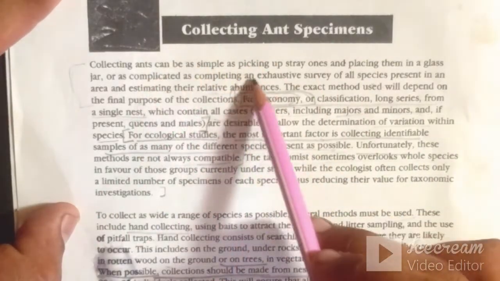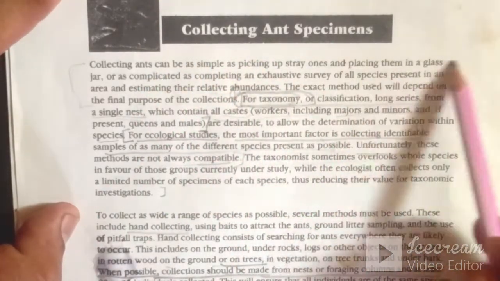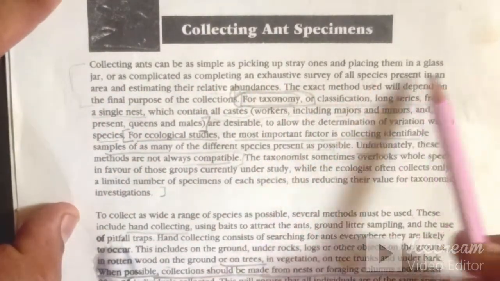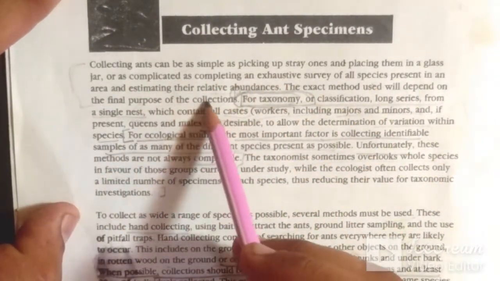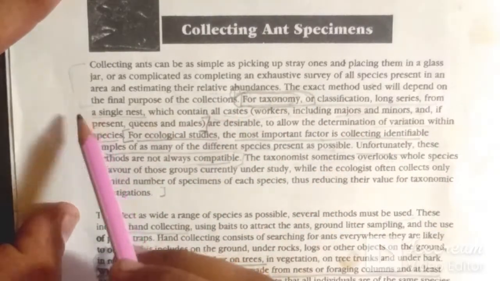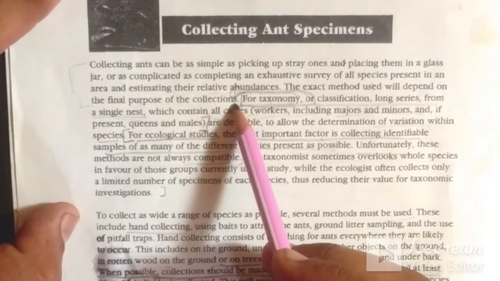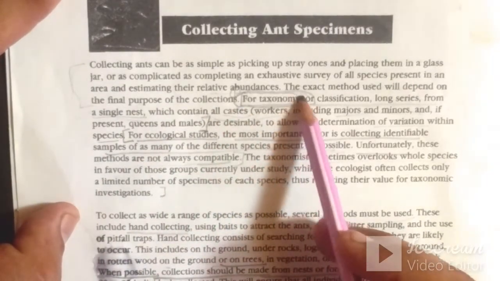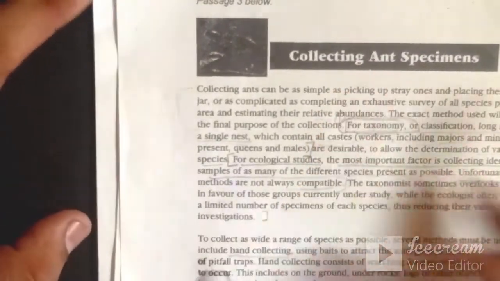Collecting ants can be as simple as picking up stray ones and placing them in a glass jar, or as complicated as comparing the exotic survey of all the species present in the area and estimating their relative abundance. The exact method used depends on the final purpose of the collection. So for taxonomy, this is a very important word, because we read here taxonomic research.